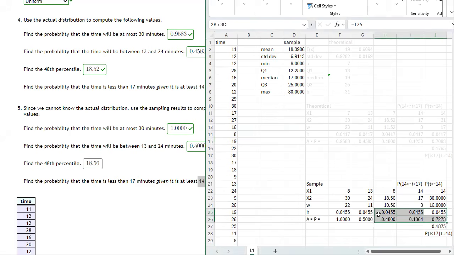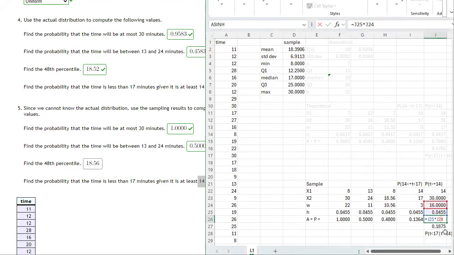Now, the difference in these two values is 16. All these heights are the same. So all we've got to do is calculate the area between these two values. The width is 3, the height is that, and the probability or area is 0.1364. For the area under these two values, the width is 16 and the height is 0.0455.